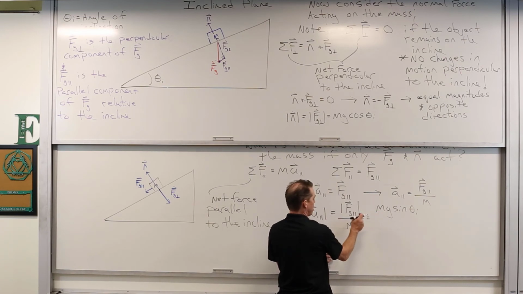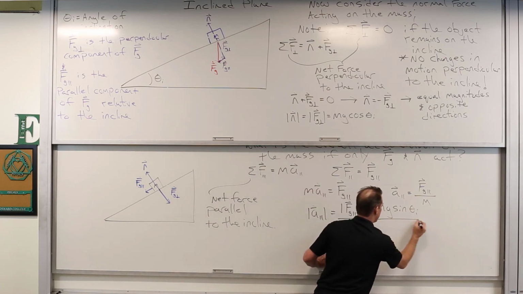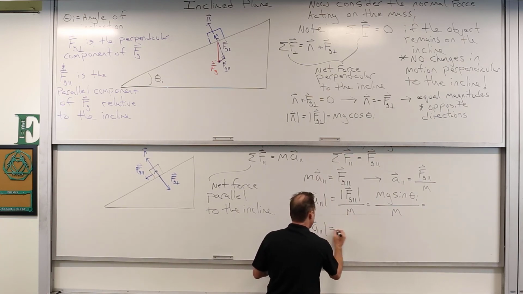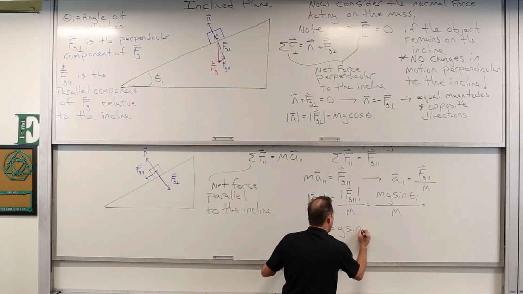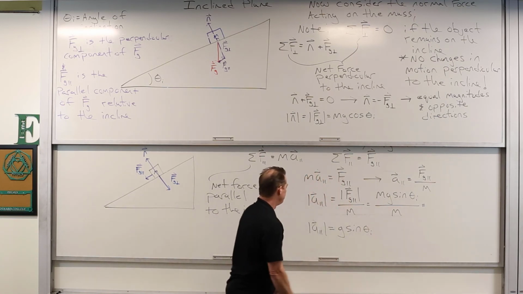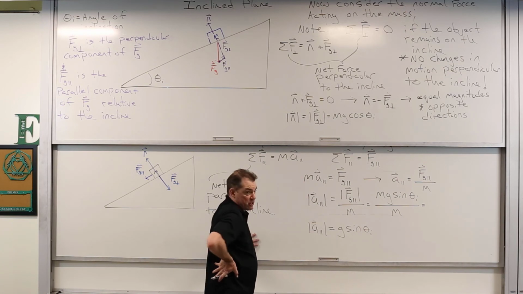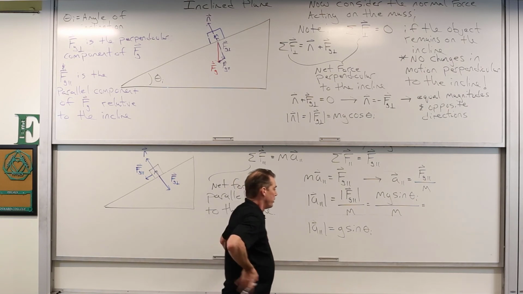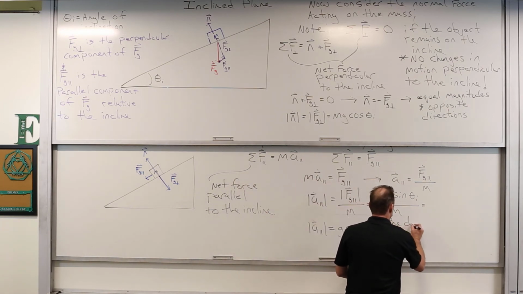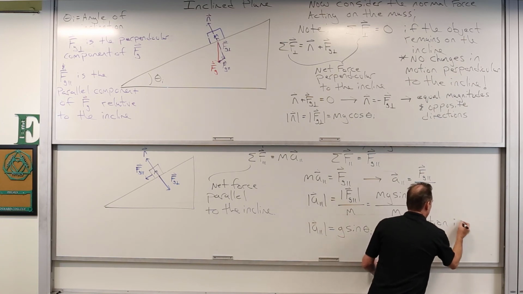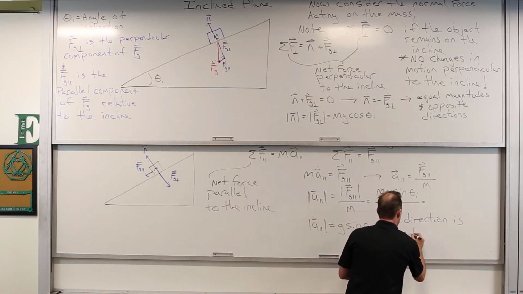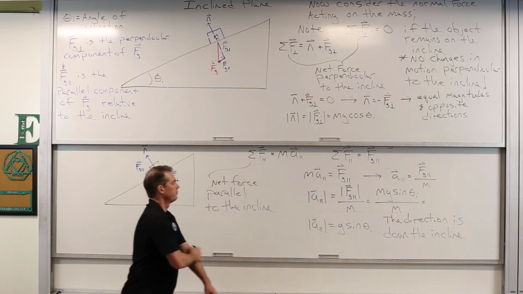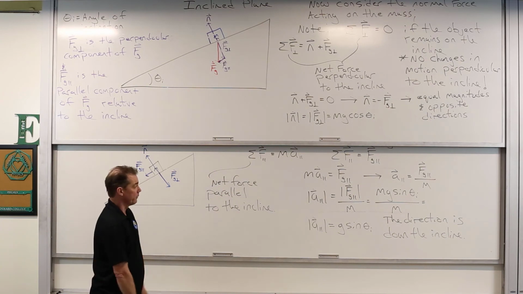There's the magnitude of the gravitational force parallel to the incline divided by m, which gives us that the magnitude of a parallel is equal to g times the sine of theta sub i, where g is just 9.8 meters per second squared, and theta is the angle of inclination somewhere between 0 and 90 degrees. The direction is down the incline, in the direction of the parallel component of the gravitational force.